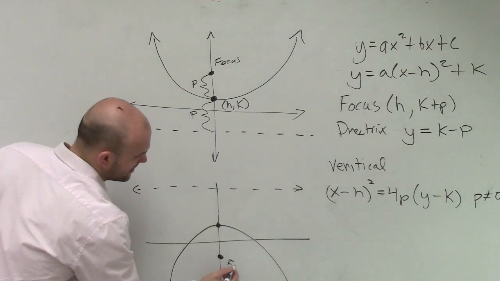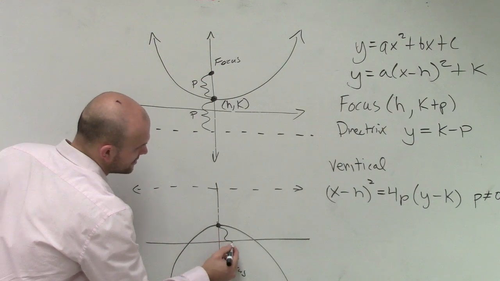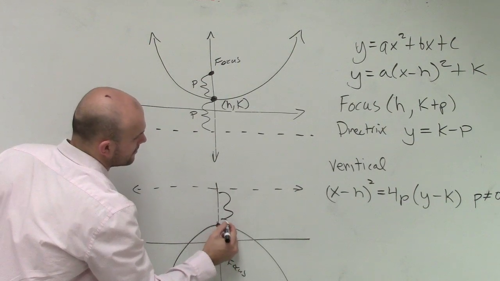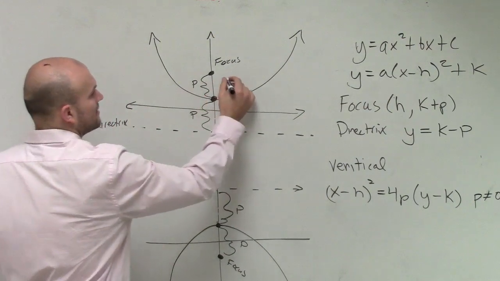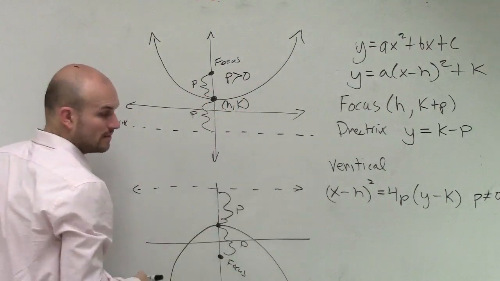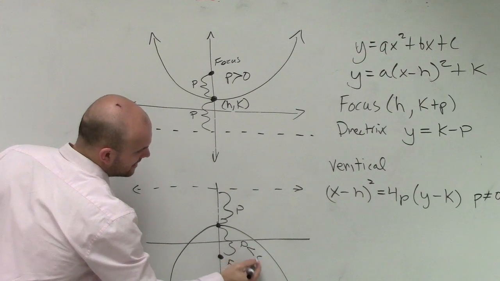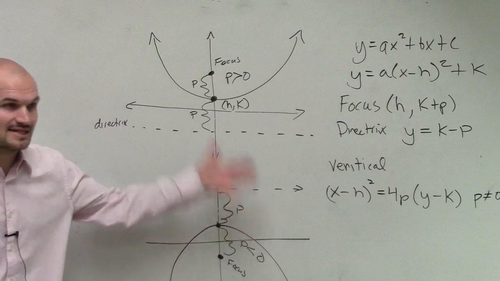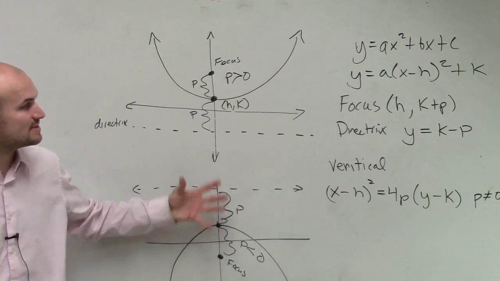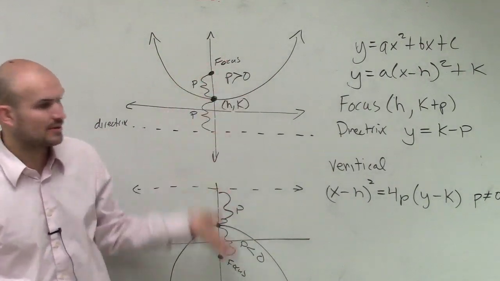Here's your distance p. Here is when p is greater than 0, and here is when p is less than 0. Does that make sense, the difference? The absolute value of the distance is still the same, but when it's positive, it goes up, and when it's negative, it goes down.